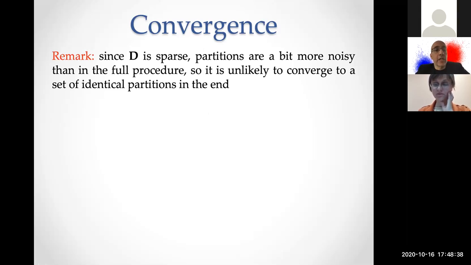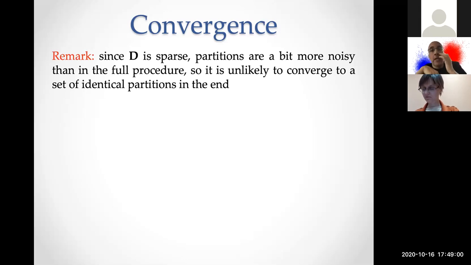It doesn't generally converge to a single set of partitions, so basically to a block diagonal consensus matrix at the end. And you don't even want to wait very long for convergence, because otherwise all the time that you saved by sparsifying the consensus matrix is lost by waiting too long to get the result.